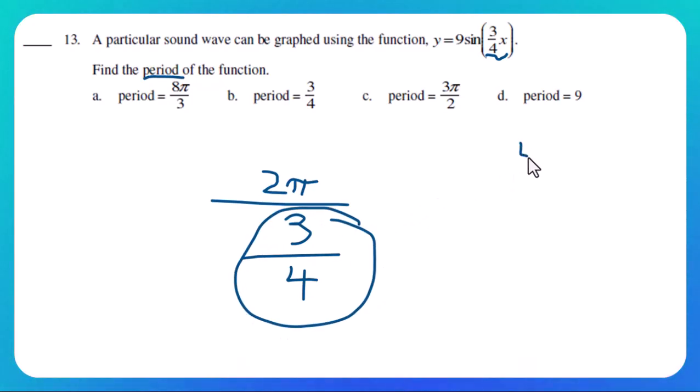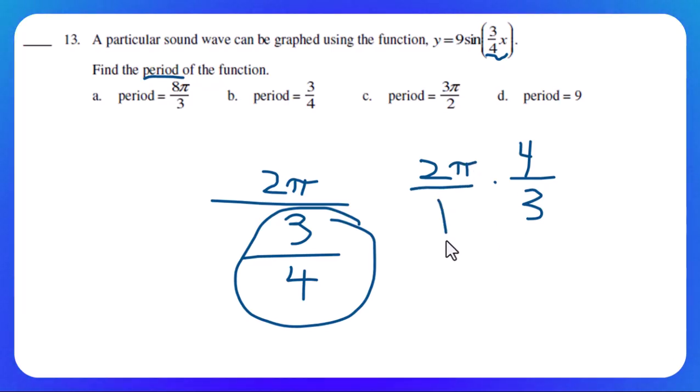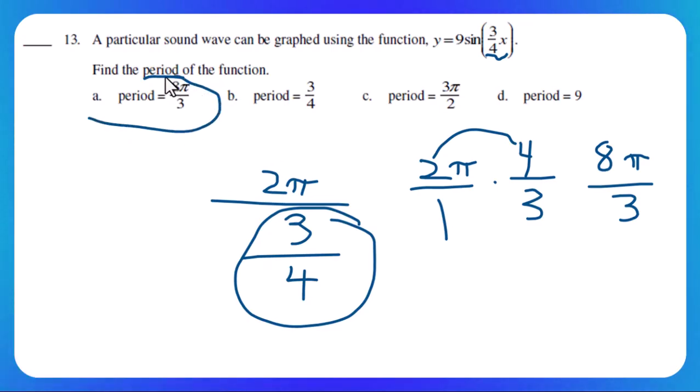So I'm going to flip that and turn it into 4 over 3, and then multiply that by 2 pi, or 2 pi over 1. So 2 times 4 is 8 pi, and 3 times 1 is 3. So I'm looking for 8 pi over 3, so that's going to be A.